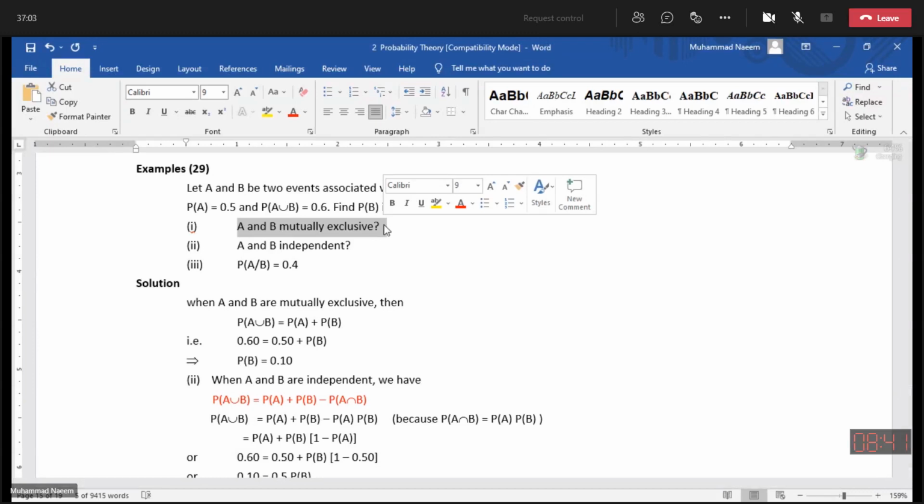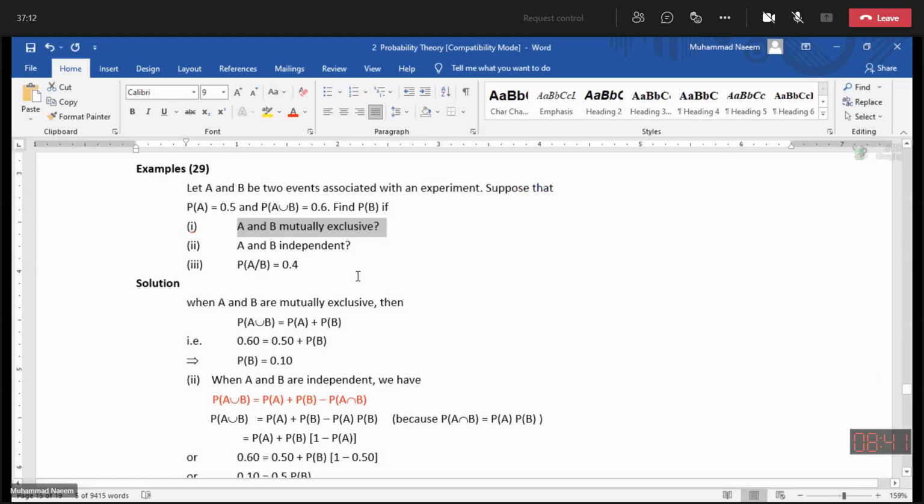In part 1, we can use the condition that A and B are mutually exclusive. In part B, they are independent, and we know the condition of independence. If they are mutually exclusive, that's why addition law reduces to this formula only.